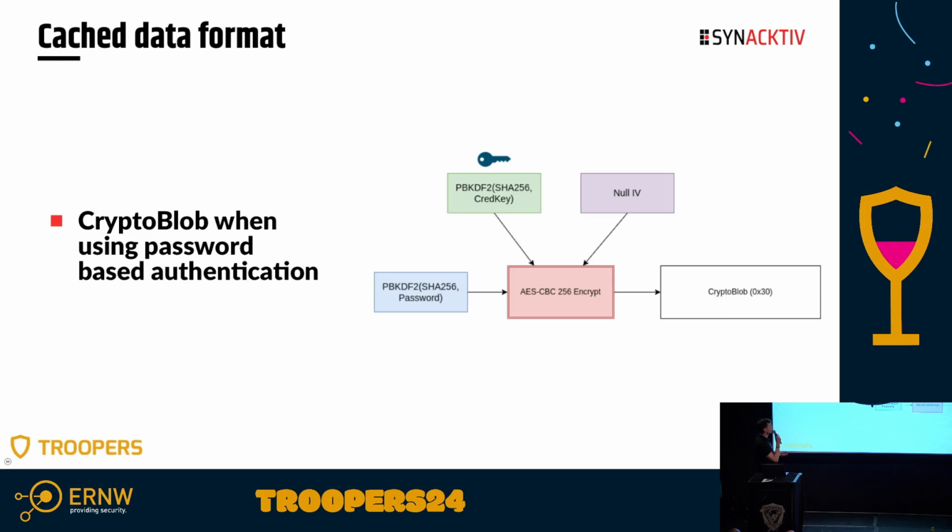It uses a null IV for the encrypt operation. If you manage to compute the crypto blob, this means that you managed to retrieve the input password. That's why you can do some brute force to retrieve the input password.